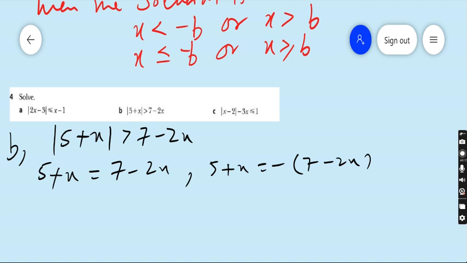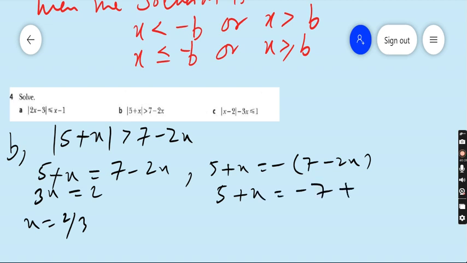So x plus 2x is 3x, 7 minus 5 is 2, x is equal to 2 upon 3. And 5 plus x is equal to minus 7 plus 2x, then x is equal to 12.